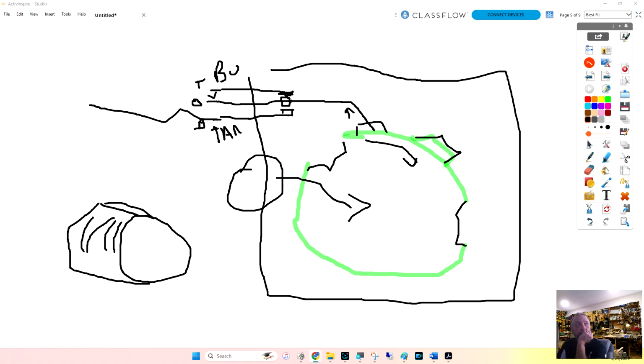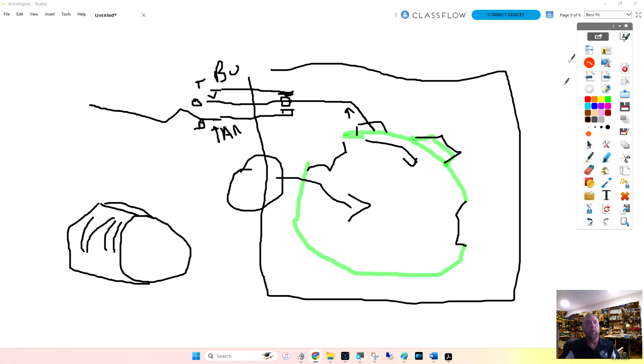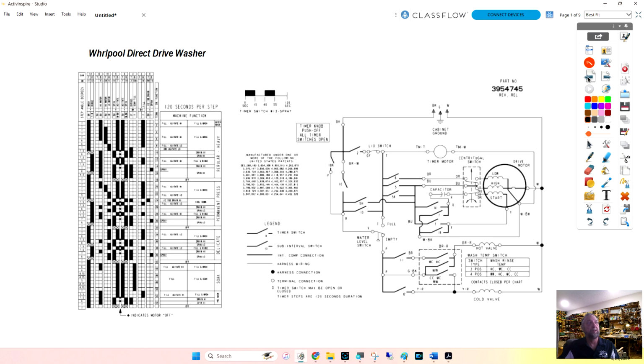A simple way how this thing runs on the diagram, just the basics as possible. Do you want to go to the diagram? Yes, the sequence operation step by step from when the timer starts. Okay, let's go real quick. This chart is telling me what the timer's doing, and these numbers are the switch numbers inside the timer, located up here at the top.